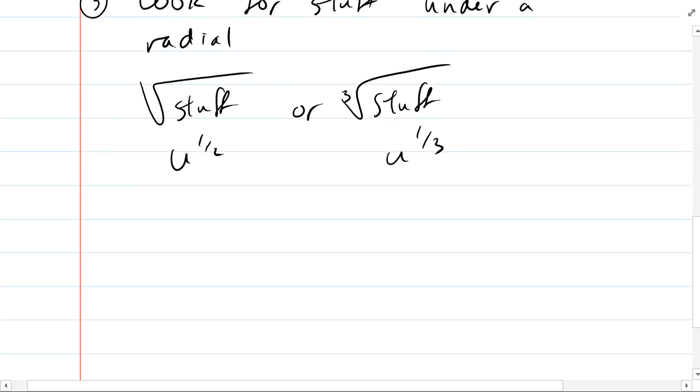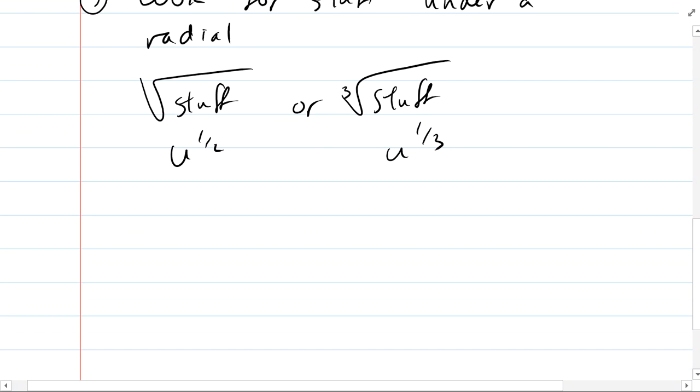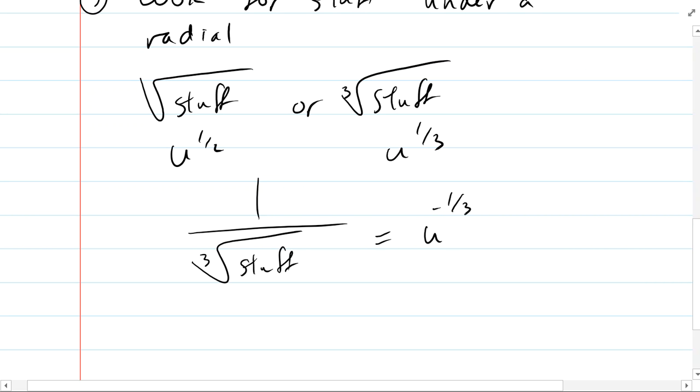Is that what you're going to do? What if I put that in the denominator? What if I do 1 over cube root of stuff? Yeah, is that the same as saying u to the negative 1/3 power? Do you see where I'm going with this? So for me, if it's in the denominator and it's a radical, that's like a neon sign saying, pick me, pick me, pick me.